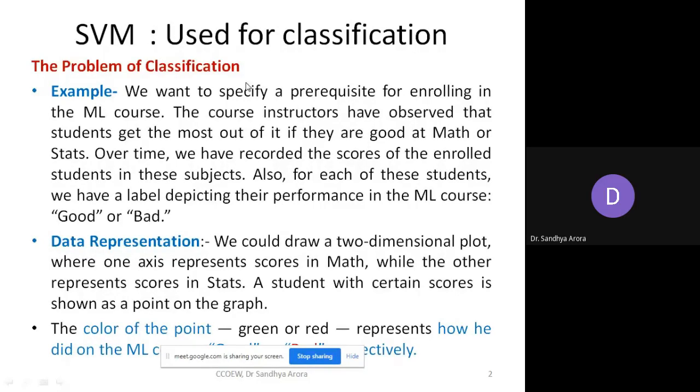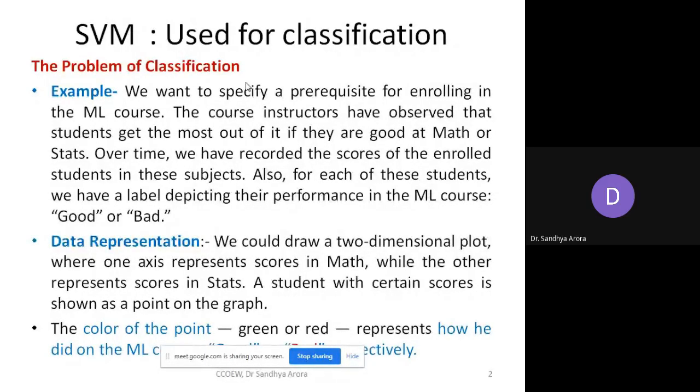Say for example, in our university we are enrolling some students for the machine learning course, and we want to identify the prerequisite for the ML course. It has been observed that students who are good in maths and stats perform well in the ML course.